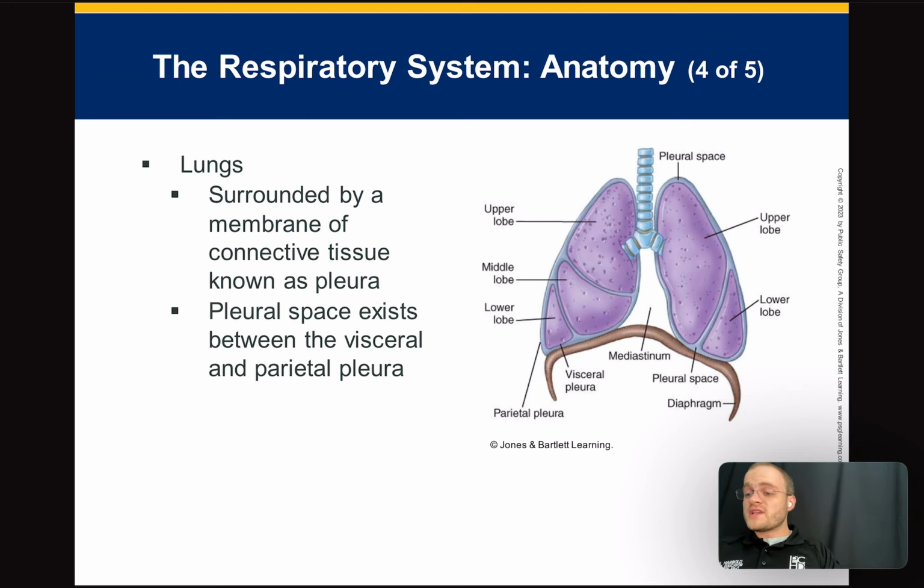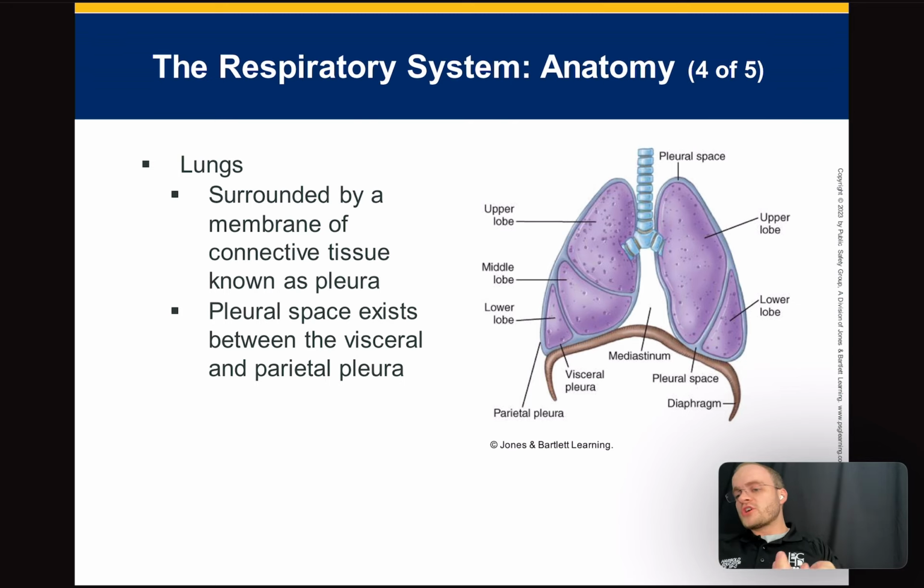What pleural fluid does is it lubricates, because as you can imagine, as you're breathing in and out all day, if there was no lube there, it would start to rub. And as it would rub, it would eventually rub a hole in itself. There's a pathology called pleurisy where we don't have enough pleural fluid. And so then we can end up with pleurisy, which when you listen with your stethoscope, it literally sounds like rubbing when you're listening to their lungs. It's real weird. And it hurts. Obviously, it'll hurt the patient.